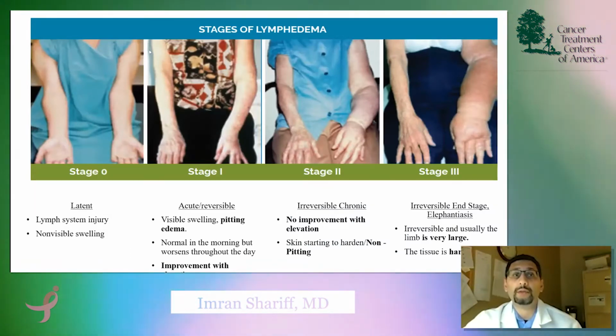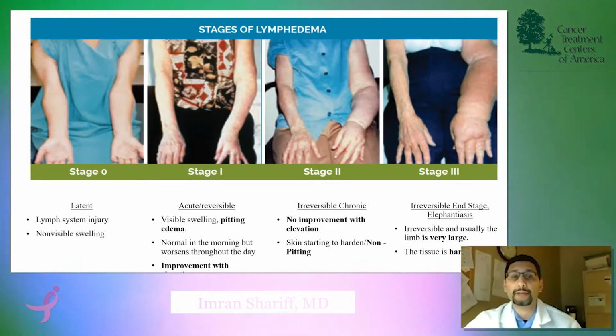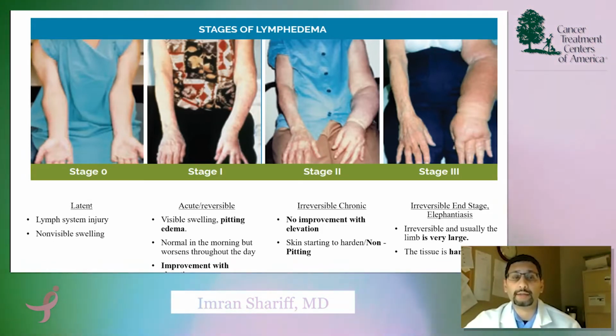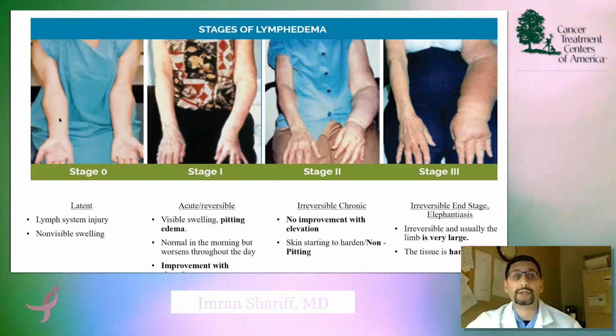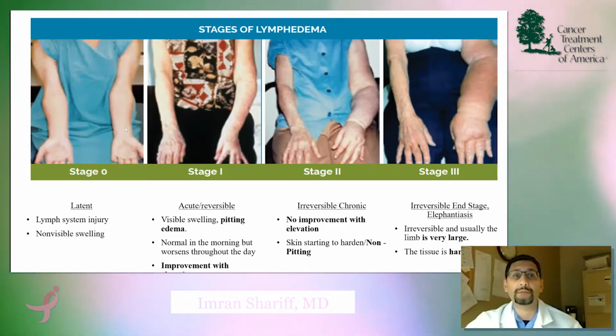When we look at stages of lymphedema, one way to look at them is using the International Society of Lymphology, or ISL staging. This is taken from the Lymphatic Education Research Network. Stage 0 is latent. There may be lymph system injury, but as you can tell, there's not really a difference in the arm circumference between the two arms.